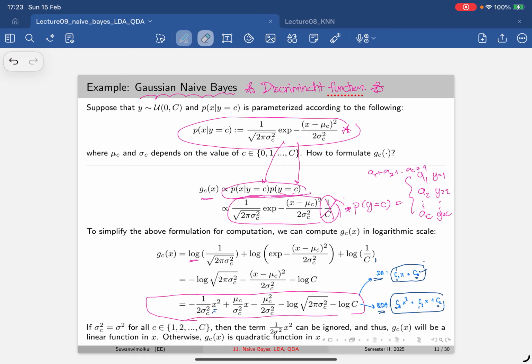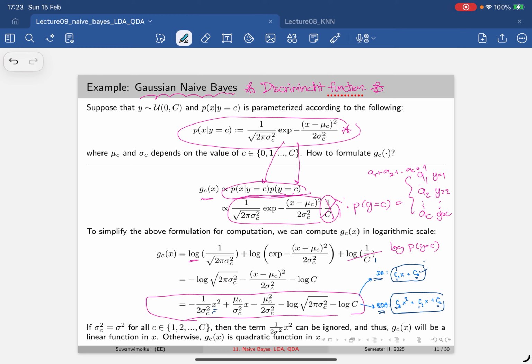Because this is the definition of the Bernoulli distribution. In that case, you cannot ignore the probability of y equal to c. You still need to include it, and that becomes the log of P of y equal to c, right?